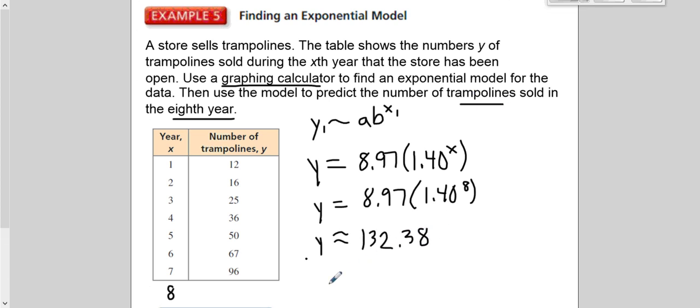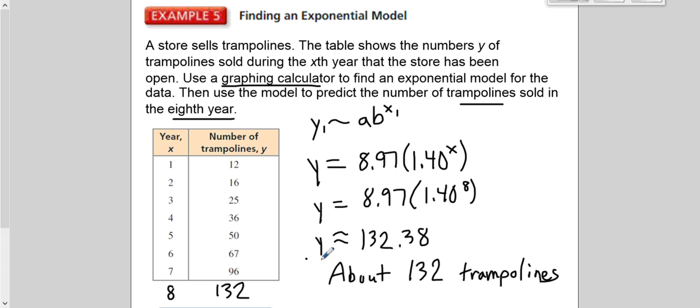And it's trampolines, so it would be about 132 trampolines. So at this pace, exponential growth, that would be the next number. 132 in 8 years, 132 trampolines.